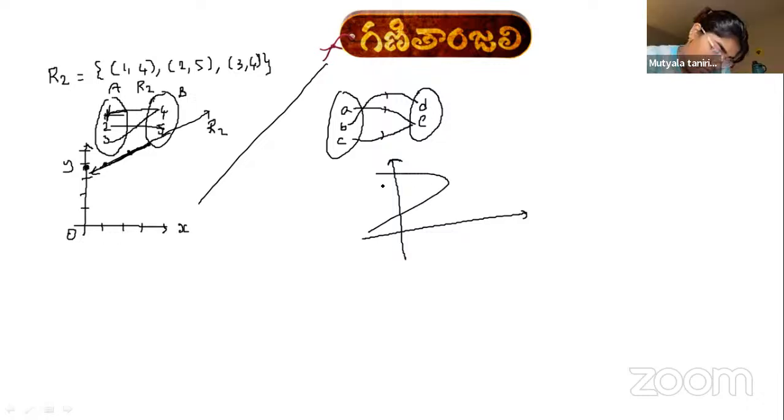This curve crosses the y-axis twice. So yes, it's not a function. It is just a relation.